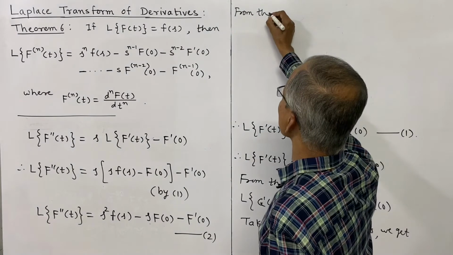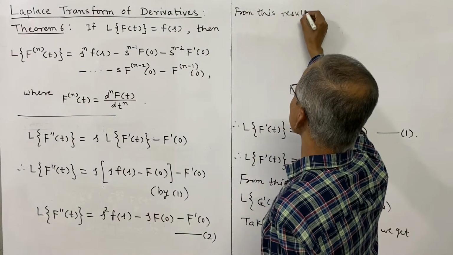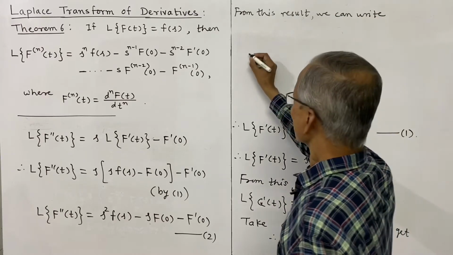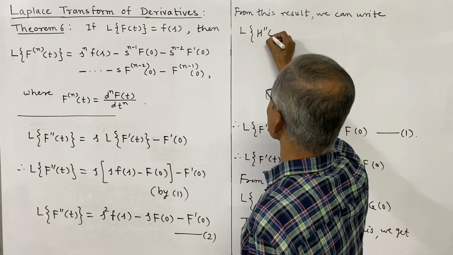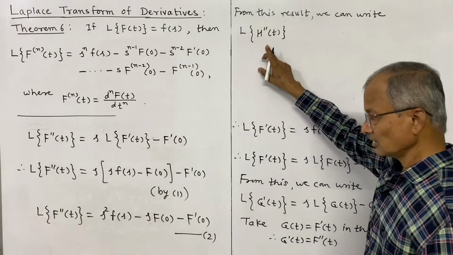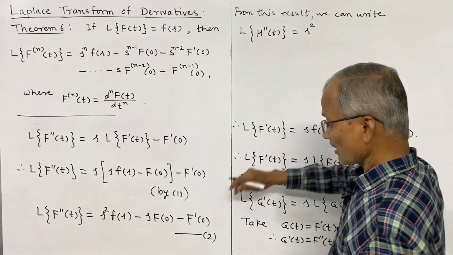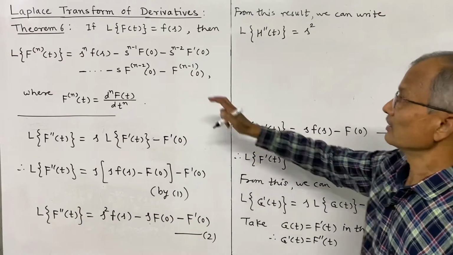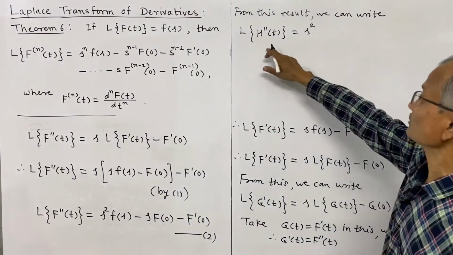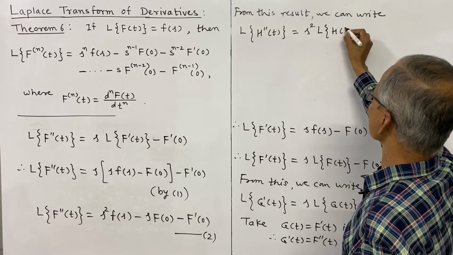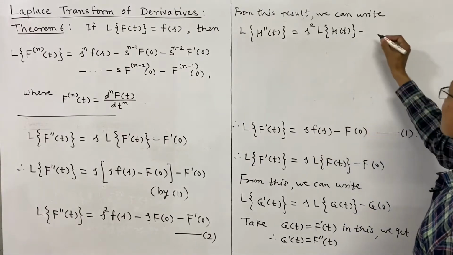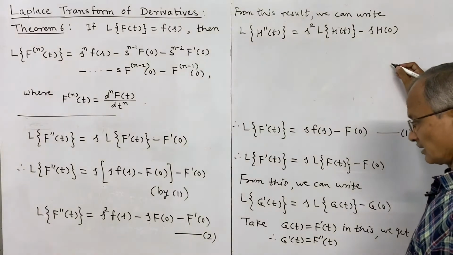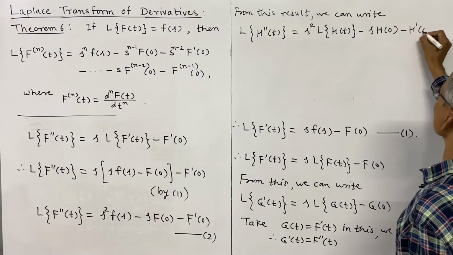So from this result we can write L of h double dash, or the second order derivative of h, is equal to s square F(s), where F(s) is L of f of t, and therefore here the function is h, so that will be L of h of t, minus s h(0), h at 0, minus h dash 0.